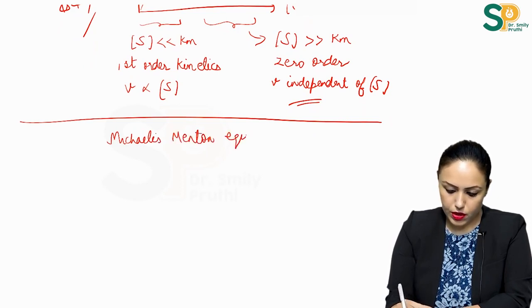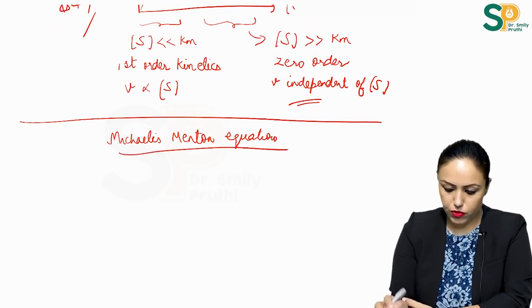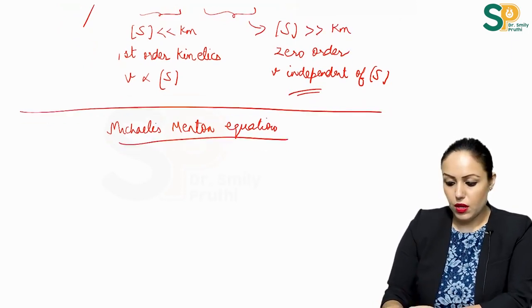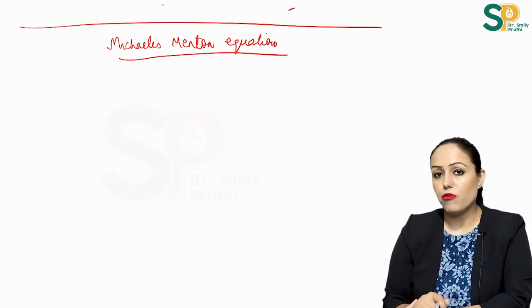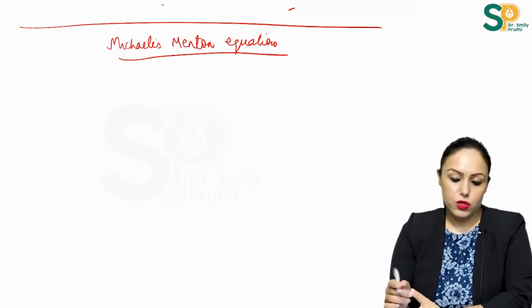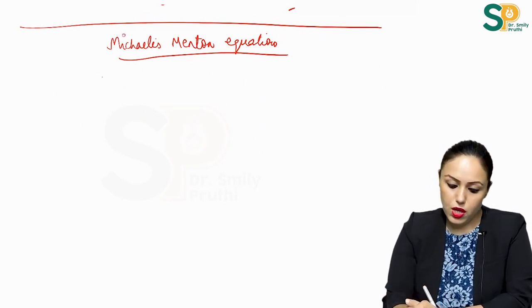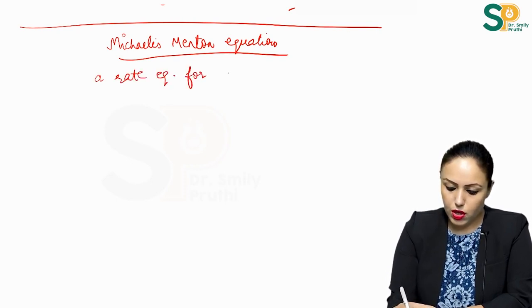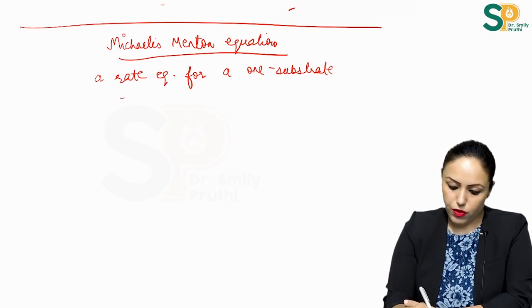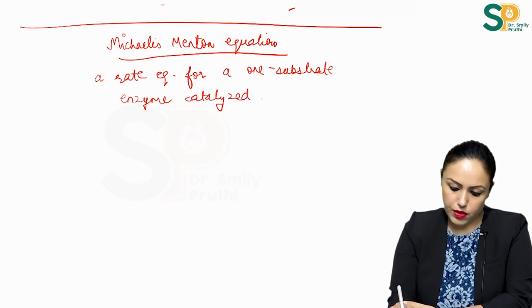Michaelis-Menten equation. A little bit of mathematics is involved here, but these days numericals have been asked in exams, so it's important to do this. Okay, so the Michaelis-Menten equation is a rate equation for a one substrate enzyme catalyzed reaction, right?